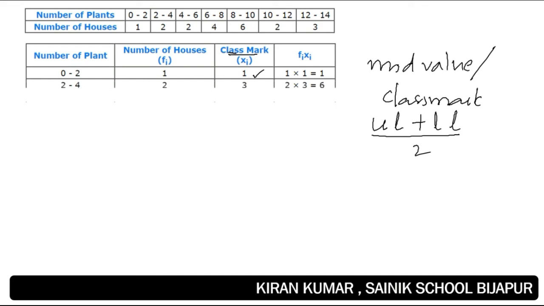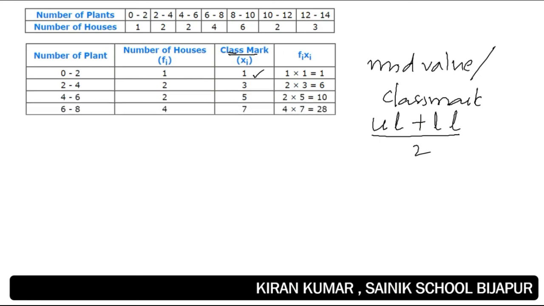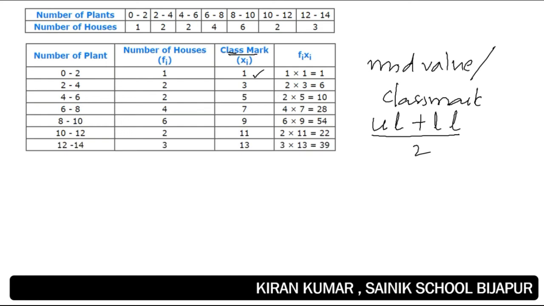Same way, for 2 to 4, there are 2 houses. Here the class mark is 3. Same way we have these values. Once we get the frequencies, we can find sigma fi, which gives the sum of all frequencies.